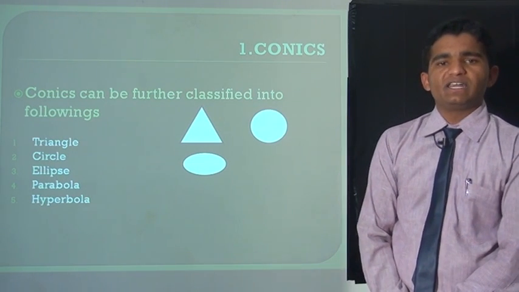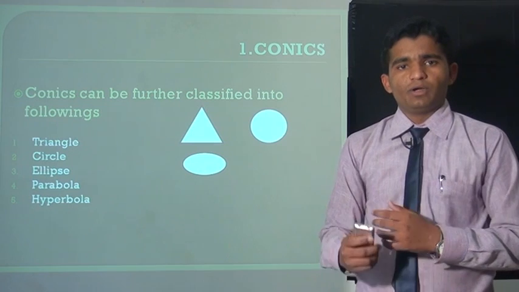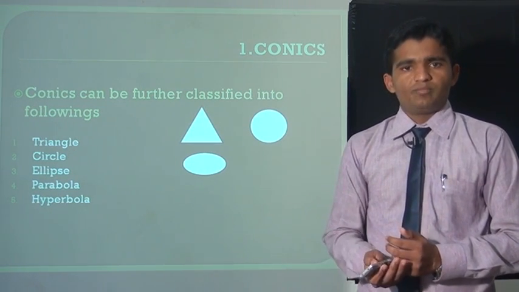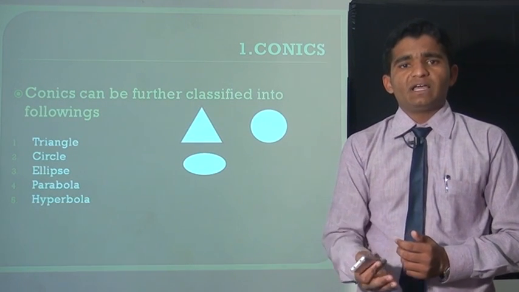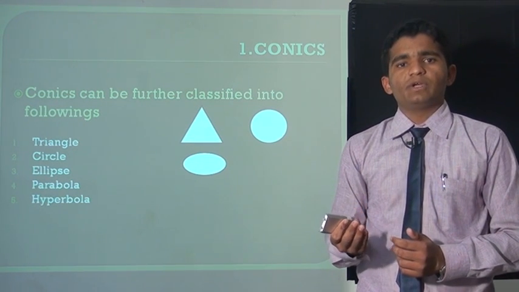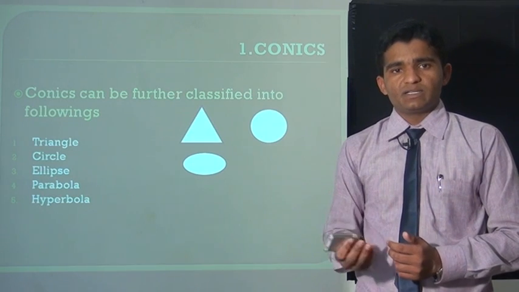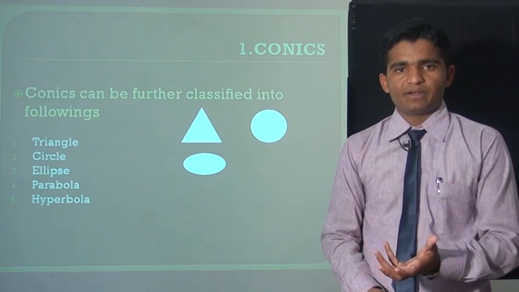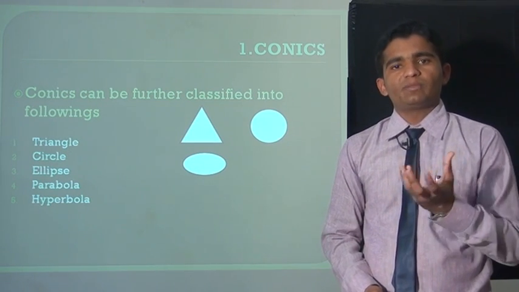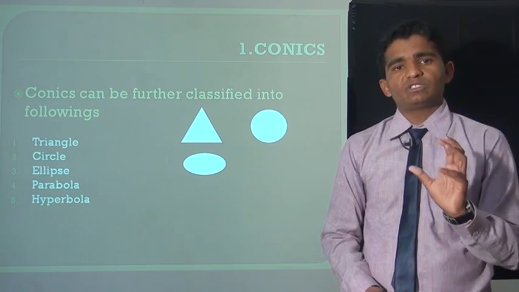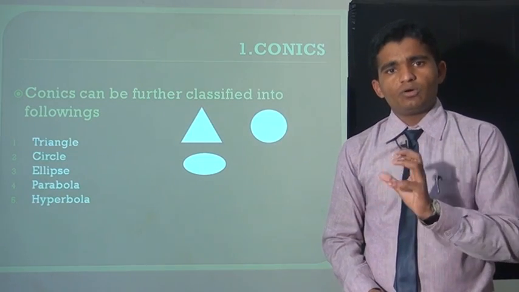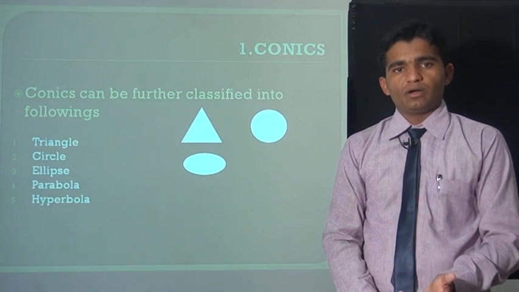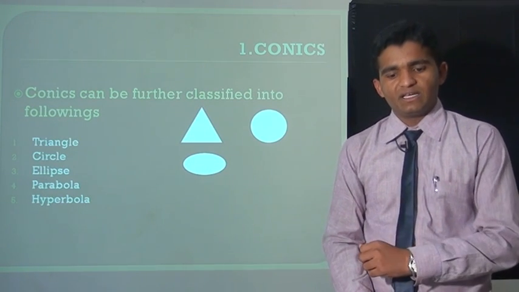A triangle is not basically a curve, but in engineering graphics we consider the triangle as a curve, because even a circle has an infinite number of edges, since the circle is made from an infinite number of line segments. But due to the infinite number of line segments, those edges are invisible. So for that reason, the triangle is considered a curve in engineering graphics.